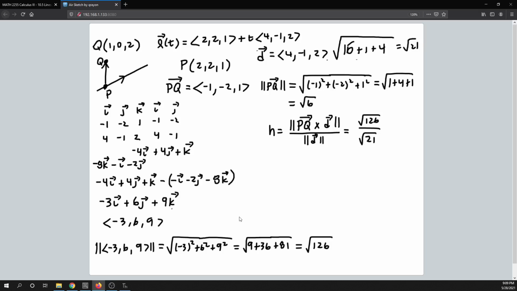And so we'll need to reduce that if we can. 3 definitely goes into 126, so we could do this, 126 over 21.